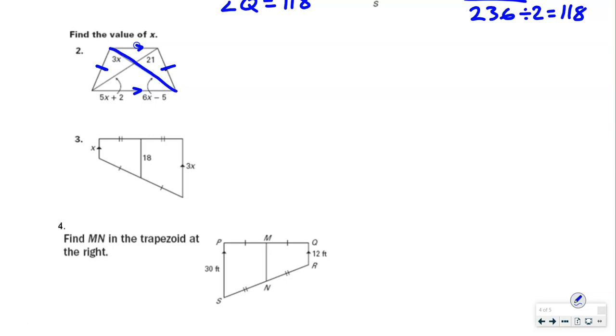The diagonal is that entire length, not just the smaller segments. So that entire length in blue is 3x plus 6x minus 5, and that's going to be equal to our other diagonal, which is 5x plus 2 plus 21.